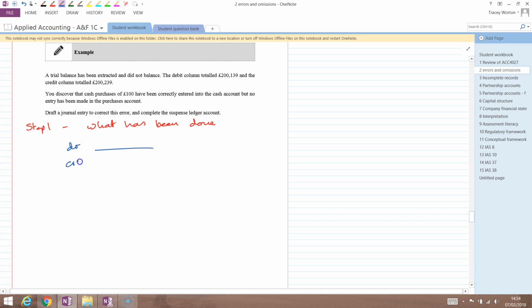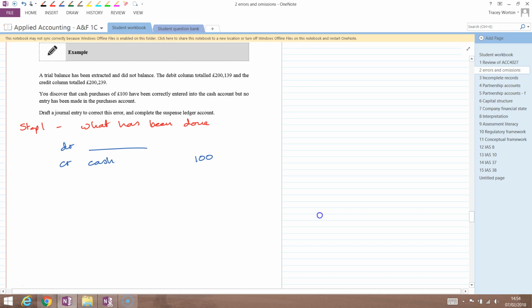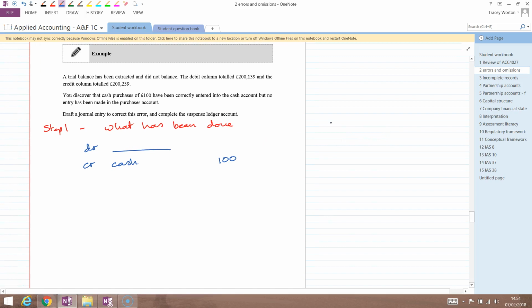In terms of a credit entry, we've actually credited the cash account correctly with the £100, which creates the imbalance in the first place. So at this point we would have opened up a suspense account and we would have entered a £100 debit entry for the trial balance in order for it to balance.